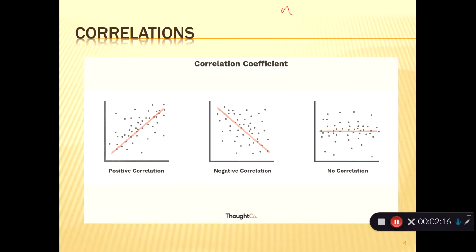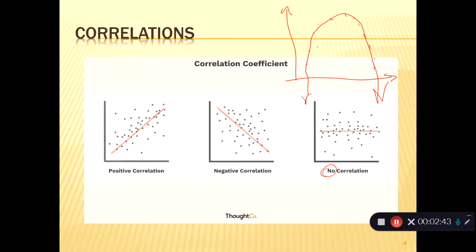Now, I can also have a figure that does not look like a linear correlation, but maybe some other kind of shape. If I have a scatter plot that looks something like this, unlike this one, which is no correlation, this is not just random all over the place. I see a little bit of a pattern there. That pattern might look like another curve, like in this case, a parabola from college algebra.